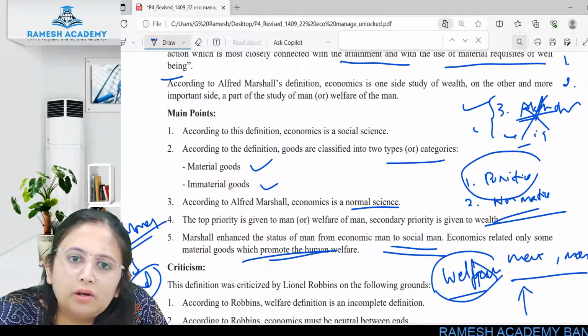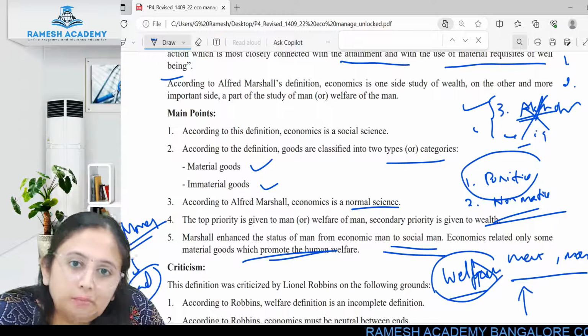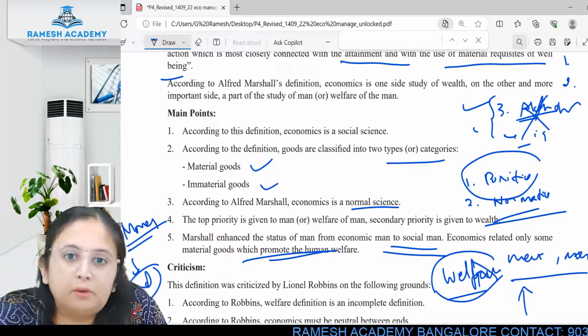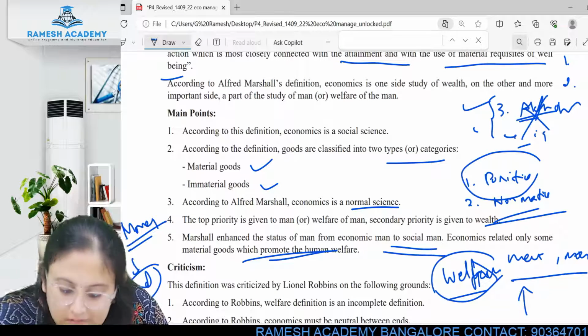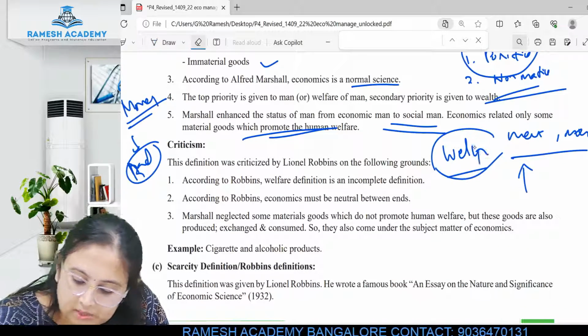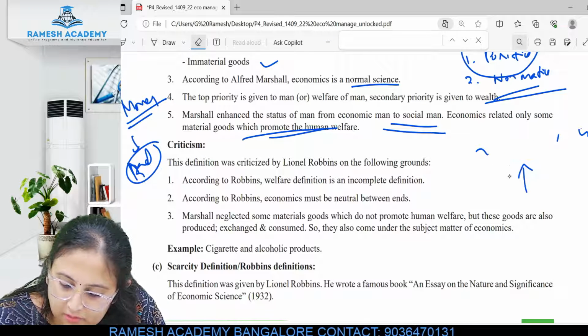That is not economics. Economics is to use material resources and earn money, but keep in mind the welfare of the people, what is good for the people and what is not. But Marshall's definition also has a lot of criticism, so we will see what the criticism is.